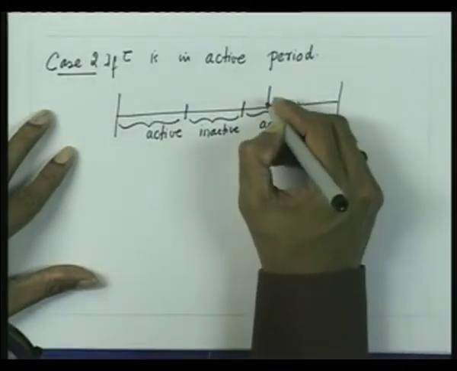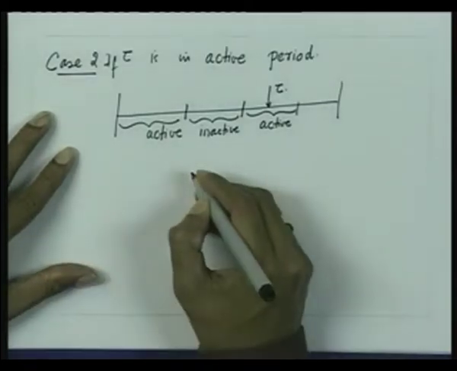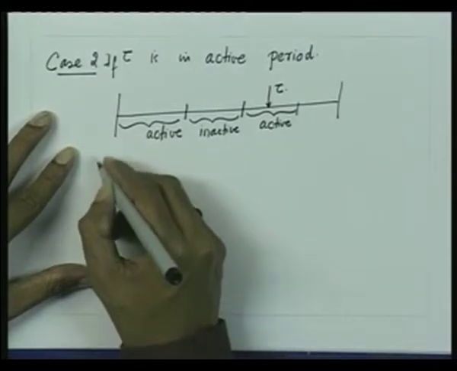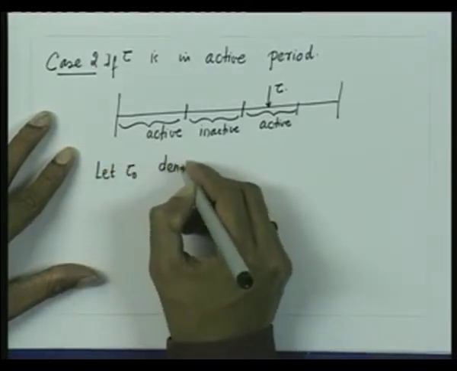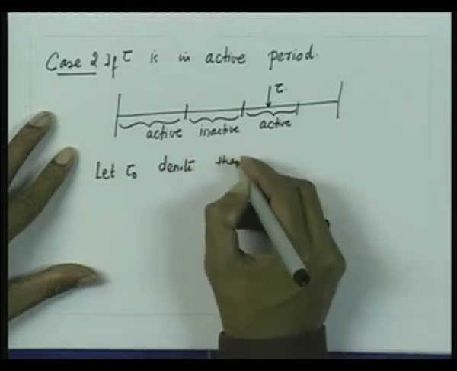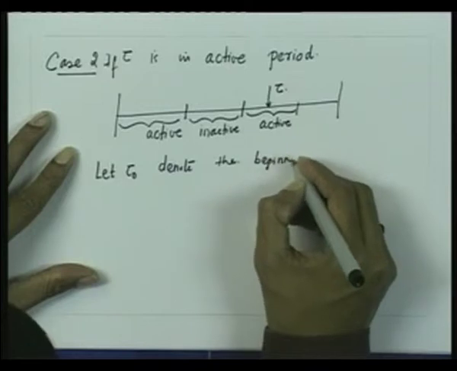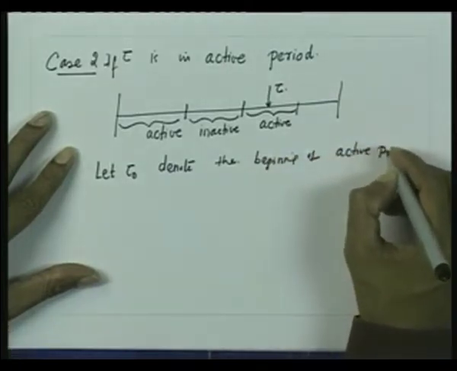So let us say that this is the tau. And let tau naught denote the beginning of the active period.